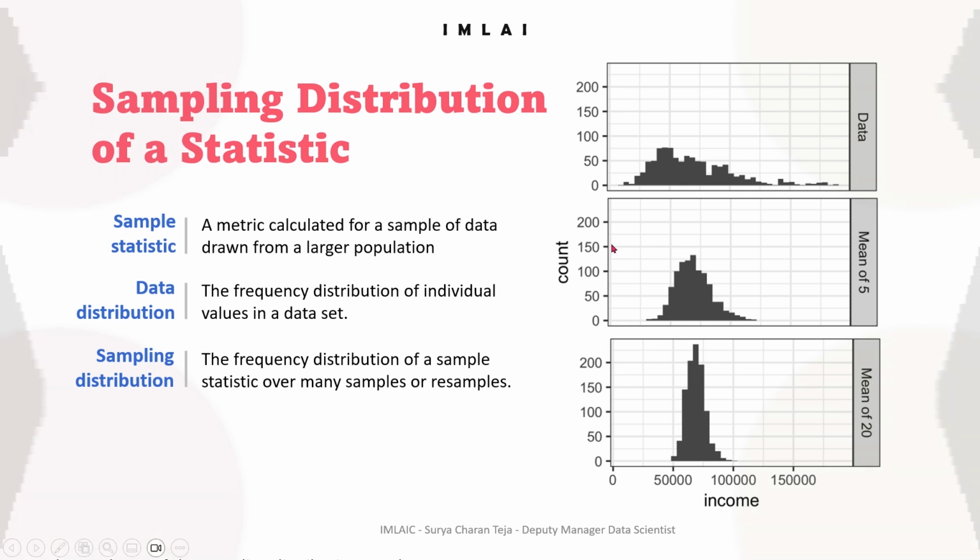Here, in the sampling distribution, we measure the mean of the sample, which is the sample statistic, and the frequency of that sample statistic's occurrence is plotted on the graph. If your sample size is 5, this is the shape. If the sample size is 20, it becomes more normal and the spread is also reduced. In simple terms, this is what we call the central limit theorem.